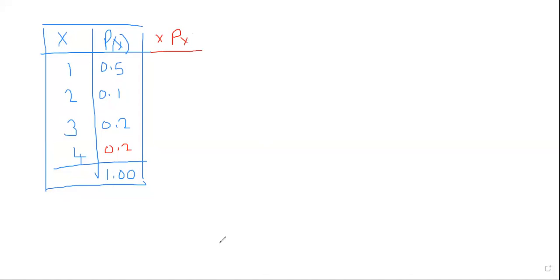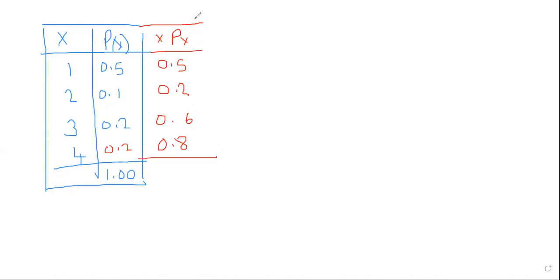So 1 times 0.5, we get 0.5. 2 times 0.1, we get 0.2. Then 3 times 0.2, we get 0.6. 4 times 0.2, we get 0.8.